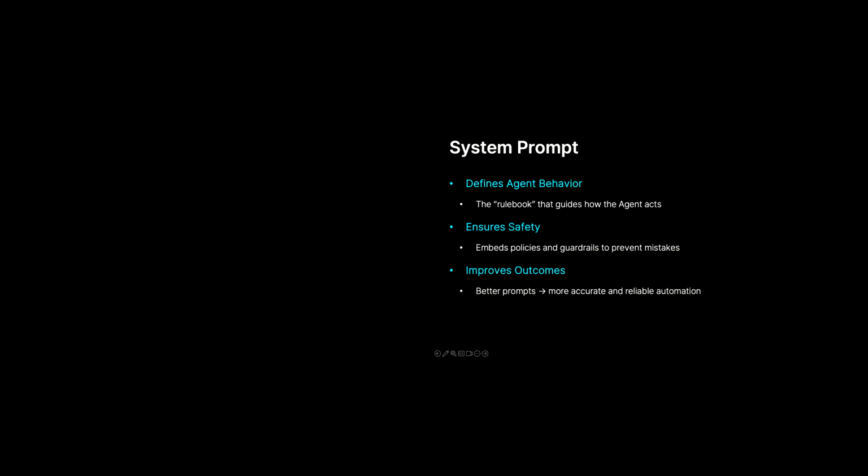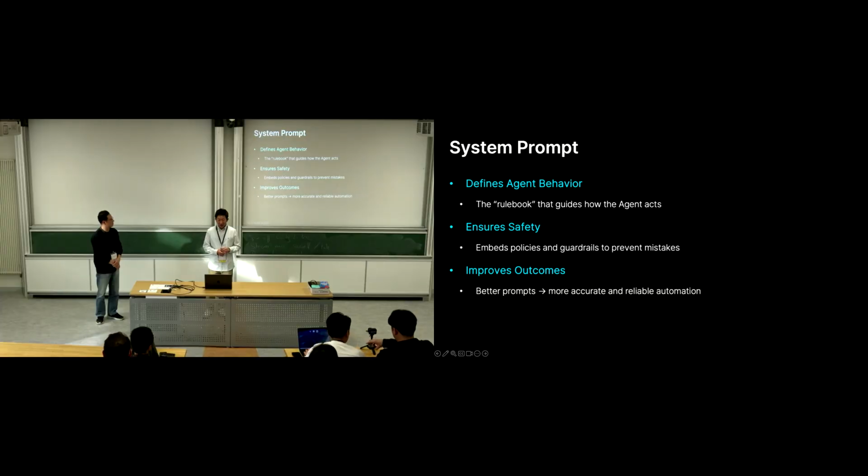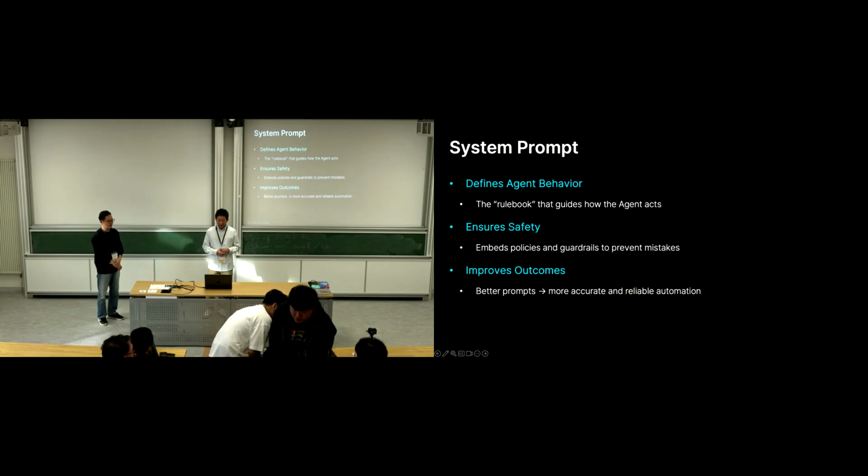It also ensures safety by embedding the necessary policies and guardrails that prevent the agent from making unintended or risky actions. In other words, it keeps the automation process stable and trustworthy.